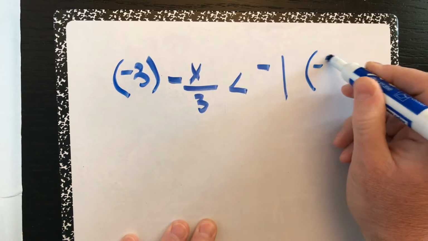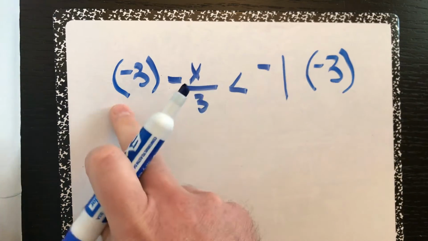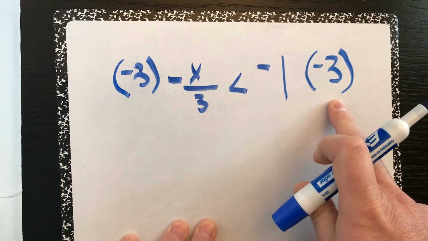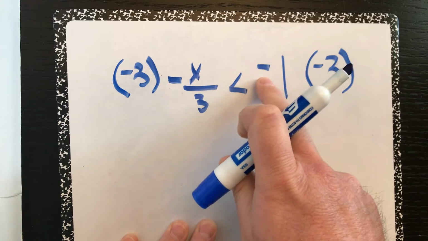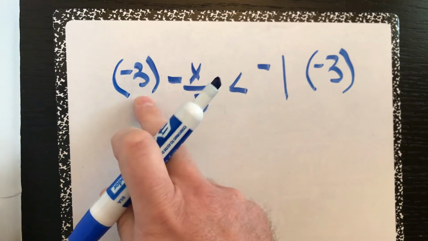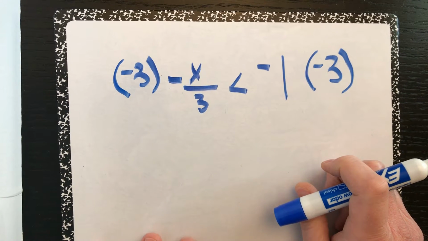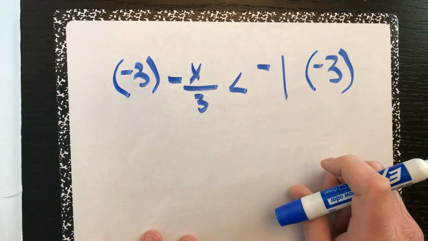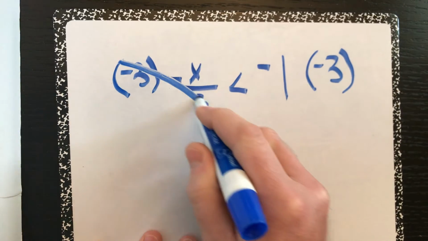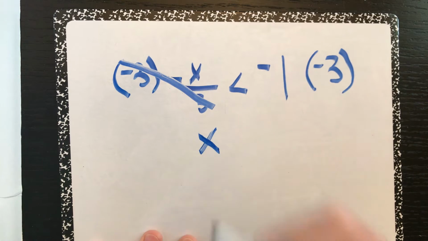Now, the number that we're multiplying by is negative, and that has nothing to do with this negative, it has to do with the number that you're moving. Obviously, these are canceling, so we're left with an x on the left-hand side.